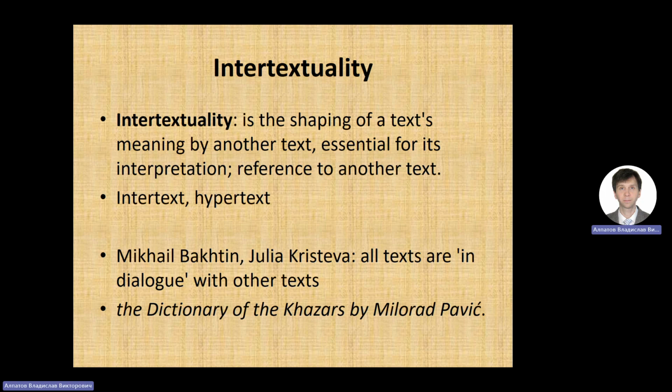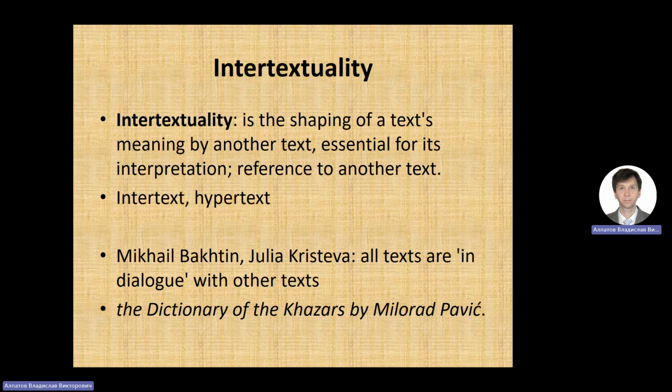And if we project it not only in space, but also in time, we'll see that each text contains hyperlinks to previous texts. And it only depends on our expertise, on our knowledge, how much we recognize.